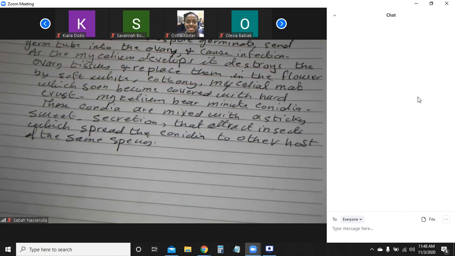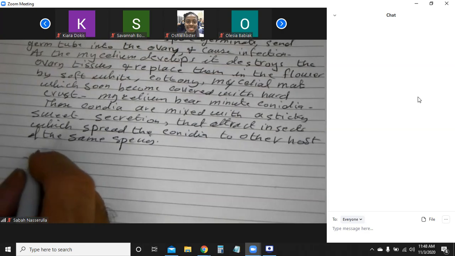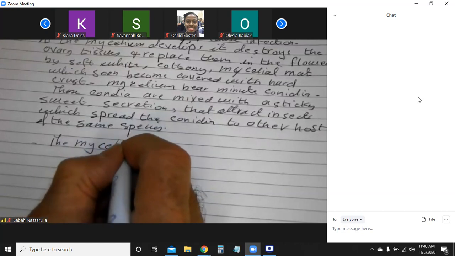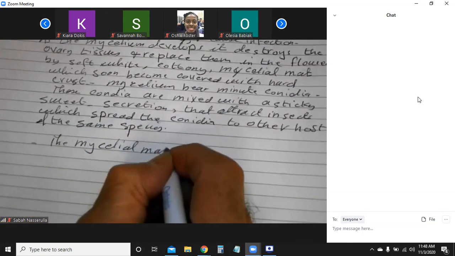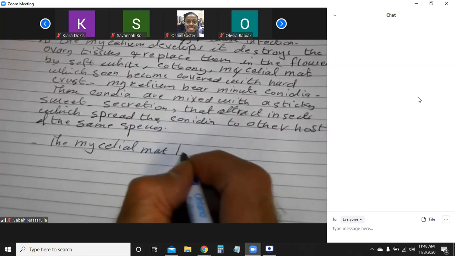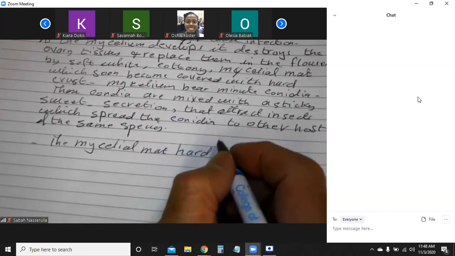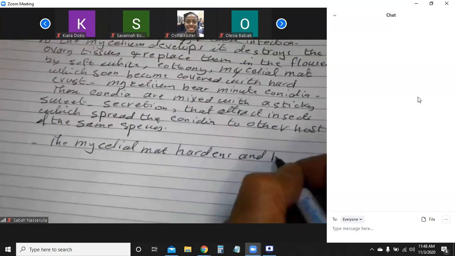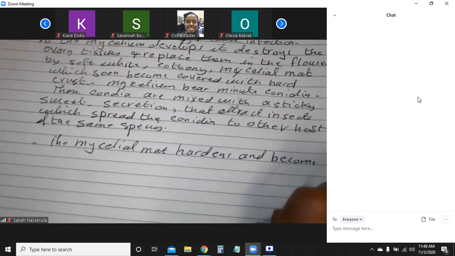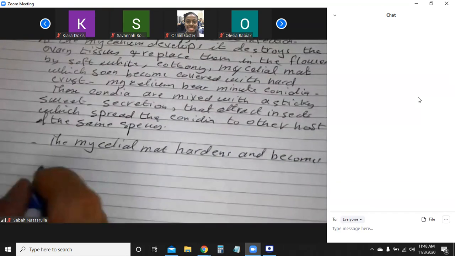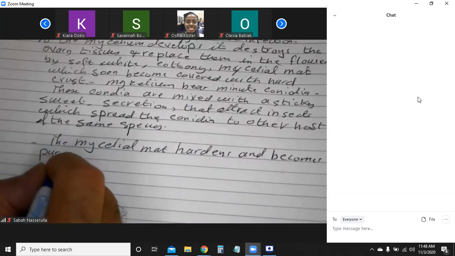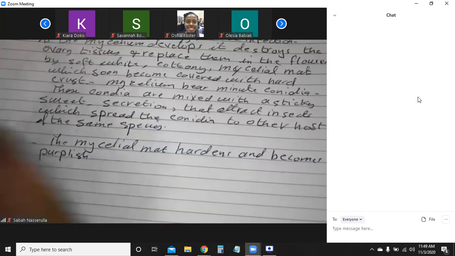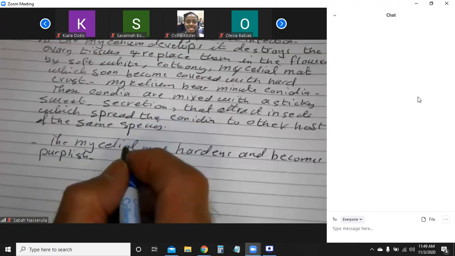And to mention this point here, the mycelial mat hardens and becomes purplish, and the sclerotia also becomes purplish.